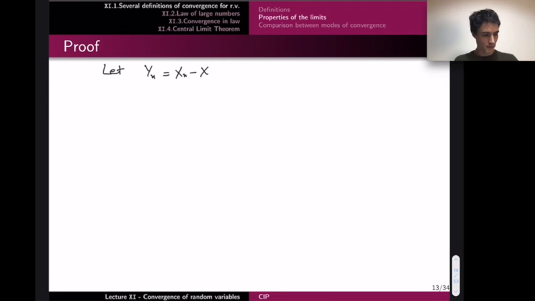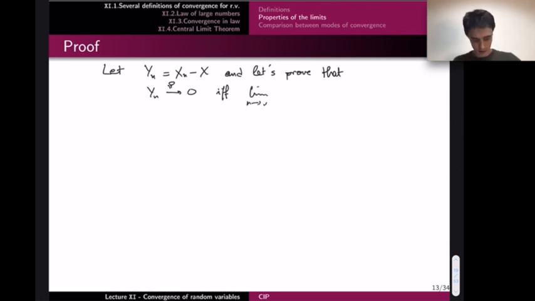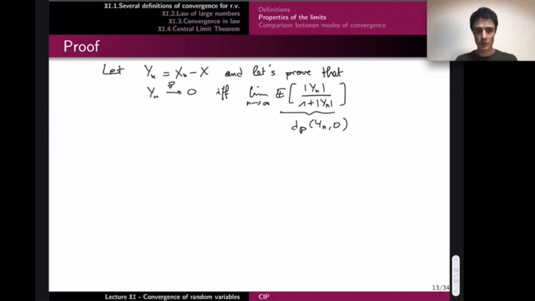So let's prove that yn converges in probability to 0 if and only if the limit as n goes to infinity of the expectation of |yn| divided by 1 plus the absolute value of yn goes to 0. If you wish, this is the distance, the one that I called dp before, between yn and 0, which also happens to be the distance between xn and x.